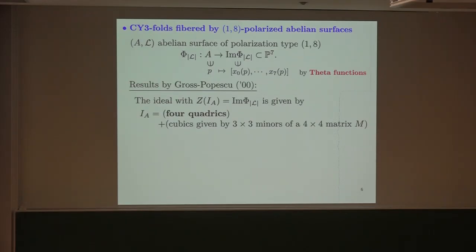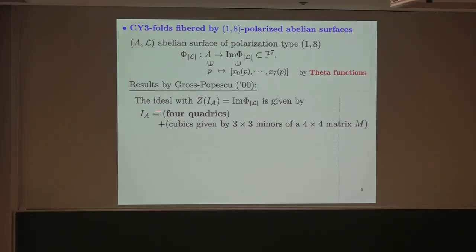And the natural question asked by Gross and Popescu around 2000 is: what is the vanishing ideal of the image of this embedding? More concretely, what are the equations for the image of this embedding? That's a natural question that comes out of this embedding.